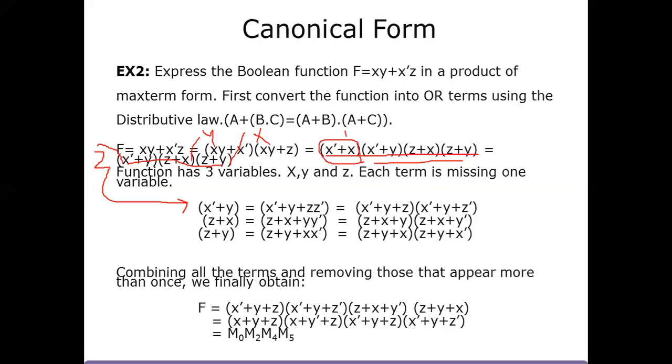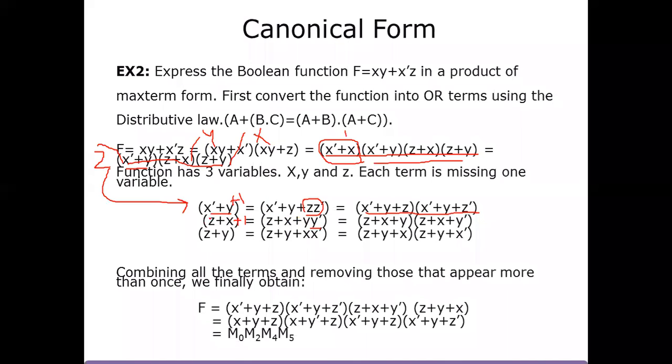Get each and every term, x dash y, and try to include the z term. This does not change the value. You have just added 1 here and replaced that 1 with z dash. It does not change the value. And again we add 1 here and replace that 1 with y, because y is missing in this term.